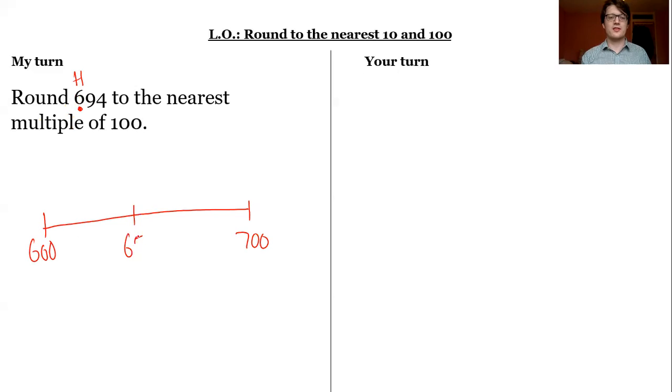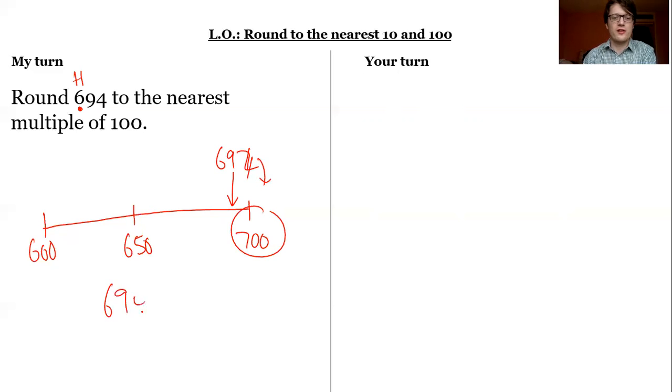Halfway in between is 650, just like halfway between 0 and 100 is 50. So 694, well, 660, 70, 80, 90, 94 is going to be somewhere here. It's very close, isn't it, to 700. So I can then really clearly see that it is going to round up to 700. So 694 to the nearest multiple of 100 is approximately 700.